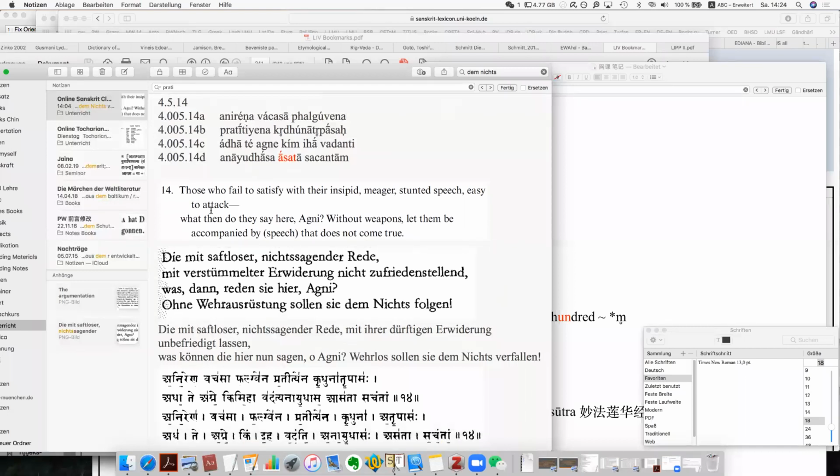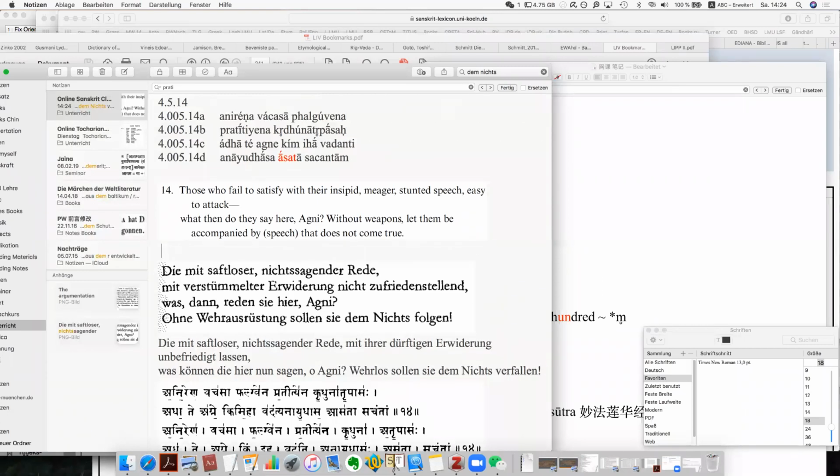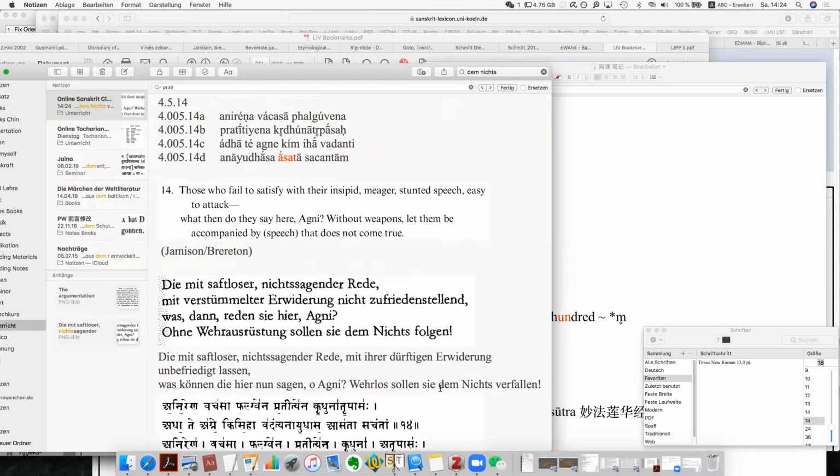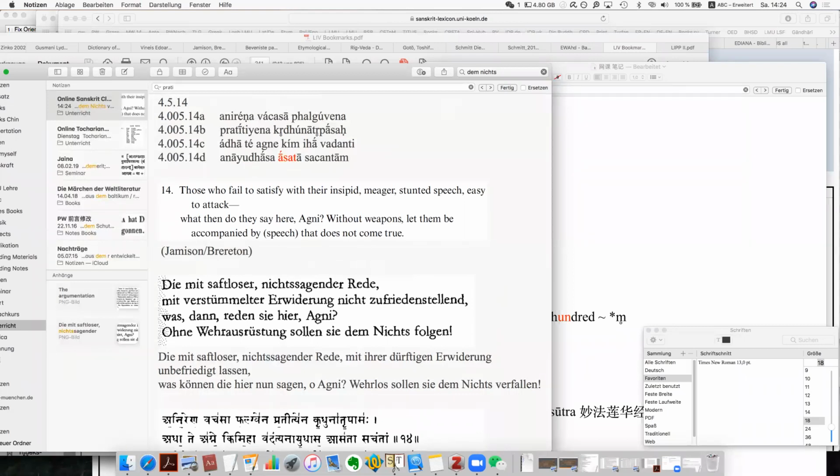So this is the English translation by Stephanie Jamison. This is the English translation by Jamison and Brereton. And this is the German translation by Goto. Yeah. Okay.